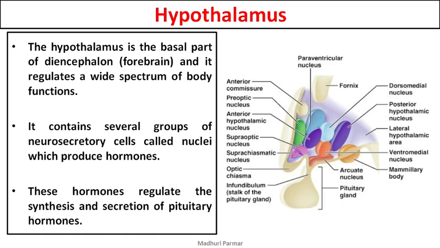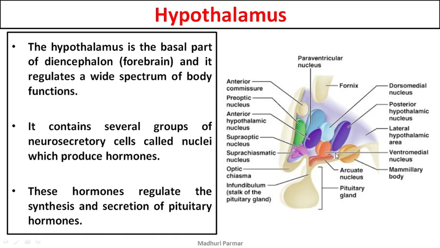Now we know that a group of such cells, a group of cyton in your CNS, in the central nervous system, is known as nuclei, right? So here the different patches that you are seeing are actually different nuclei, okay? So for example, you have this as arcuate nucleus and supraoptic nucleus, suprachiasmatic nucleus, etc. So there are a lot of such nuclei in your hypothalamus.